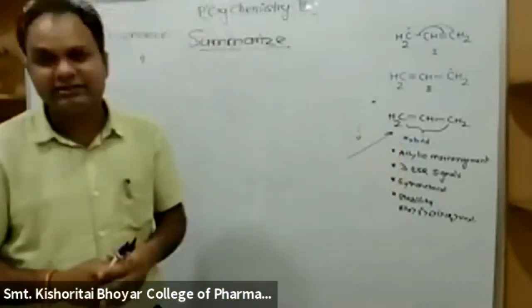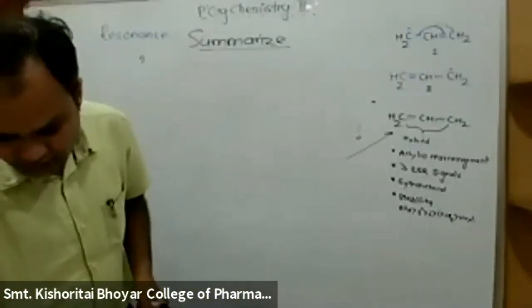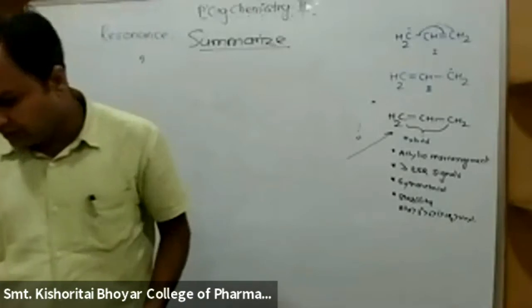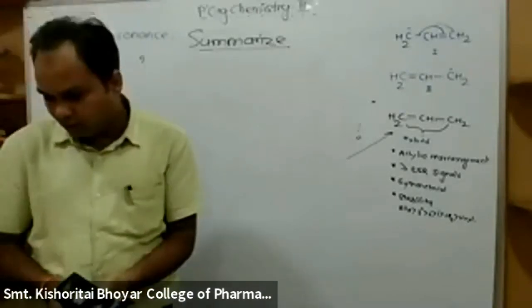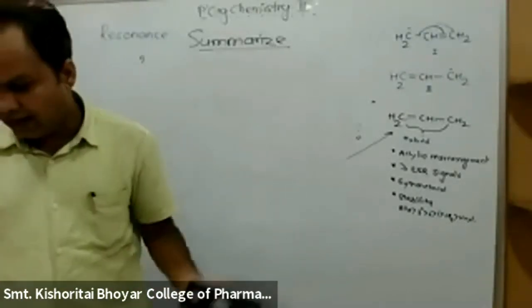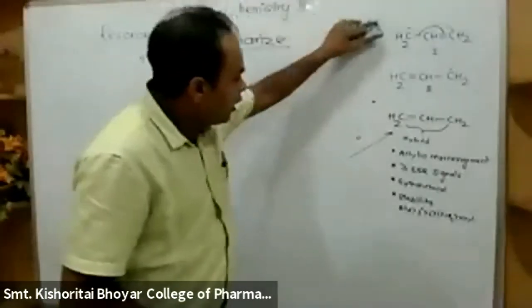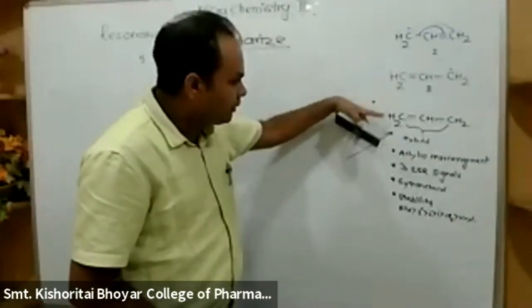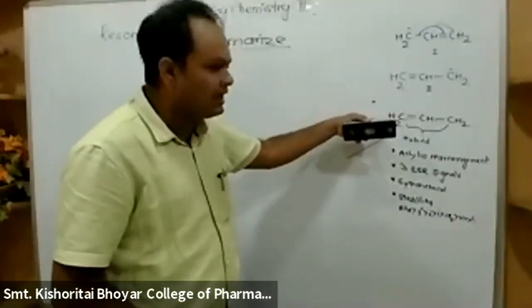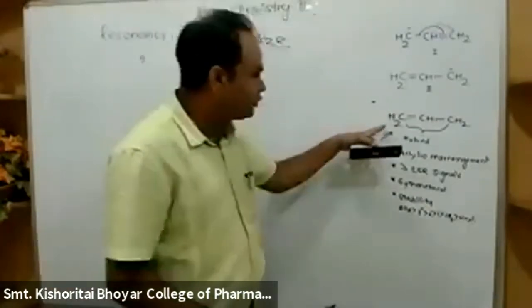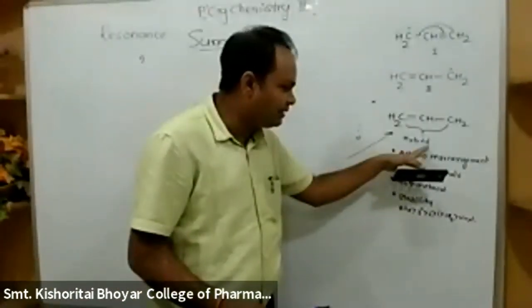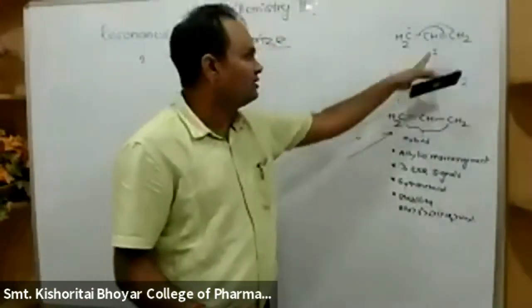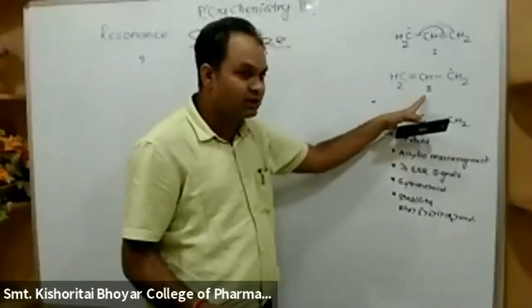Okay, clear? So again, the stability of the resonance hybrid depends upon the stability of contributing structures. Okay, clear? And then all the properties of the molecule, means in this case of the allyl radical, all the properties of the molecule are explained by the resonance hybrid. It is not explained by this imaginary contributing structure 1 or imaginary contributing structure 2.